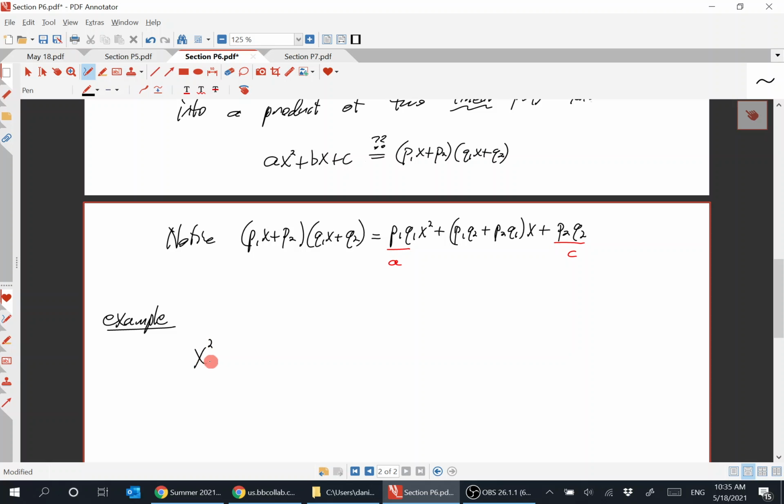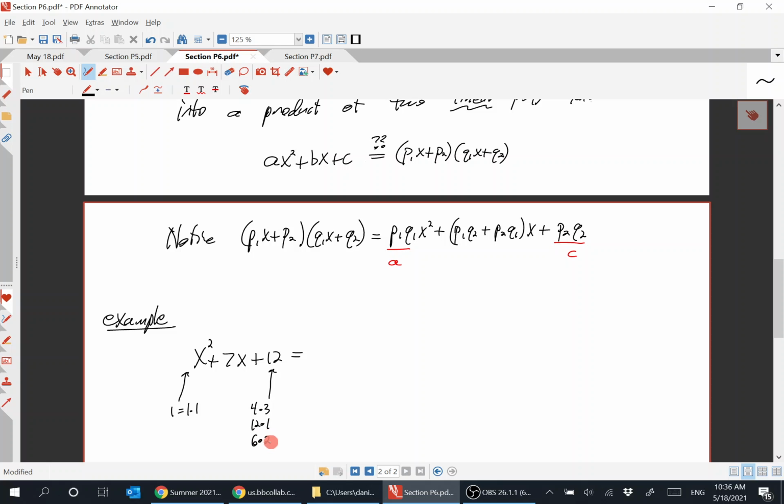So, for example, x squared plus 7x plus 12. All right. Well, the coefficient here is a 1. And in terms of integers, 1 is 1 times 1. And 12, well, it's 4 times 3. It's also 12 times 1.